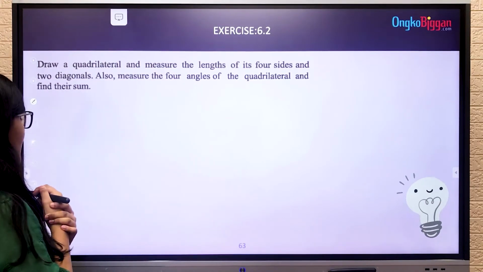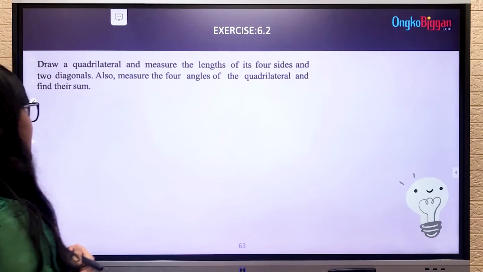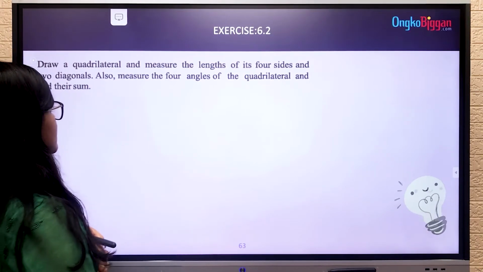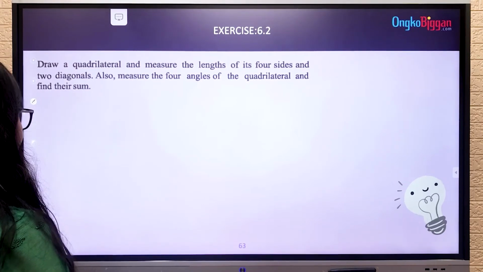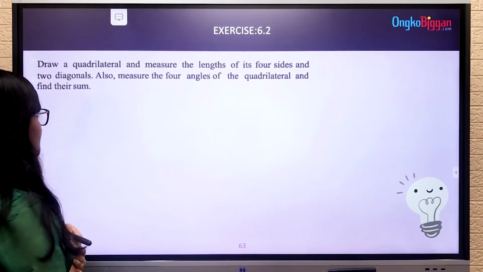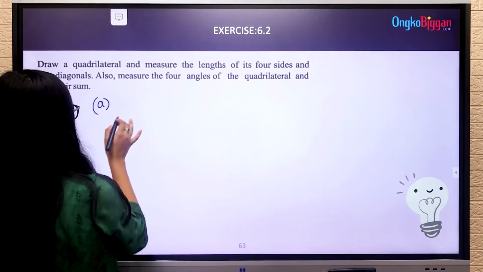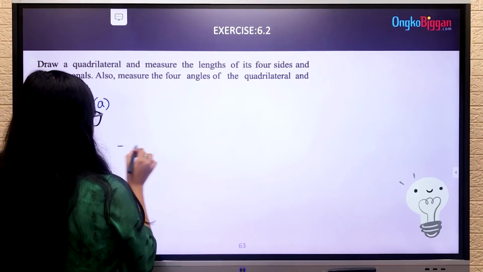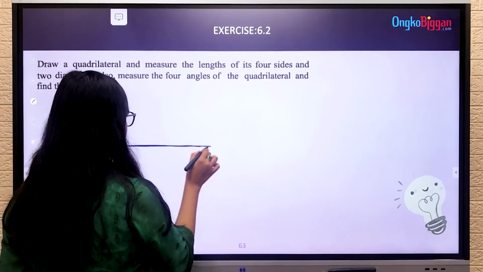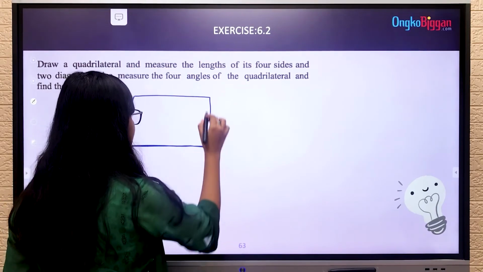Okay, so draw a quadrilateral and measure the lengths of its 4 sides and 2 diagonals. And also measure the 4 angles of the quadrilateral and find their sum. I have nothing to show you, but you will draw a quadrilateral using your scale.